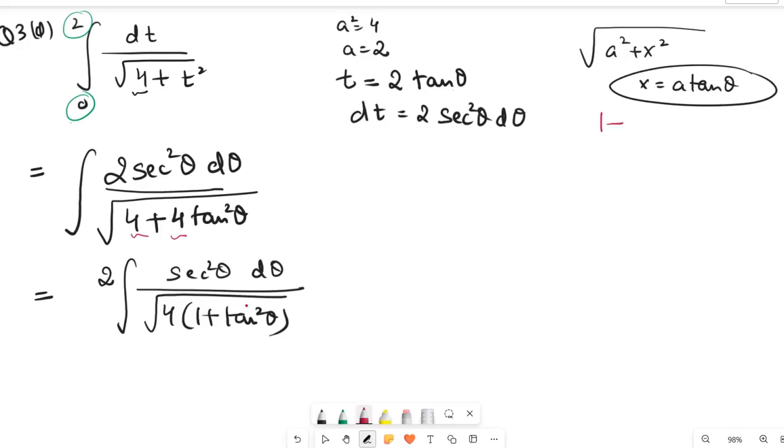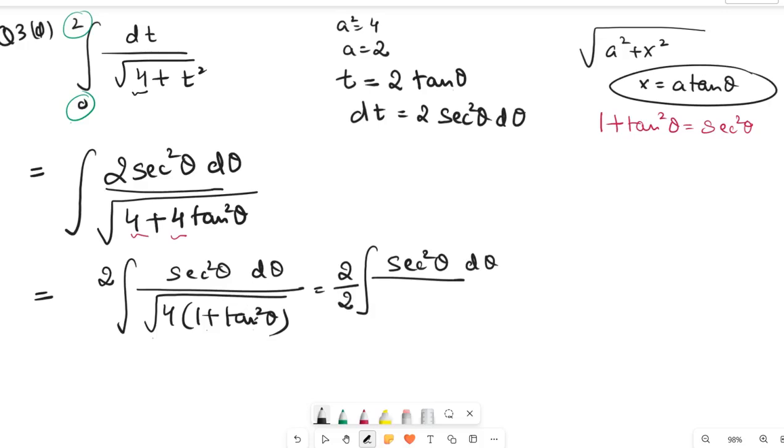You should know from your trig, 1 plus tangent squared theta should be secant squared theta. So this can be written as 2 secant squared theta d theta divided by square root of 4, which is 2, comes out. 1 plus tangent squared theta is secant squared theta, but that's under a square root, so we are only left with secant theta. 2 cancels and 1 power of secant cancels.